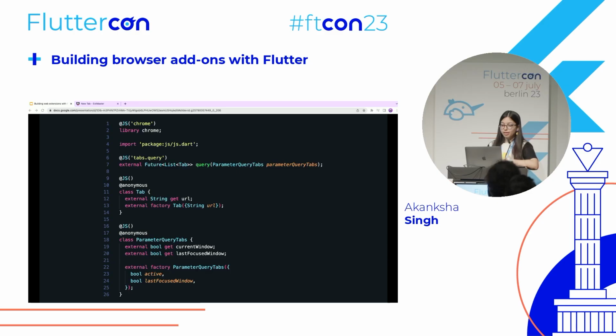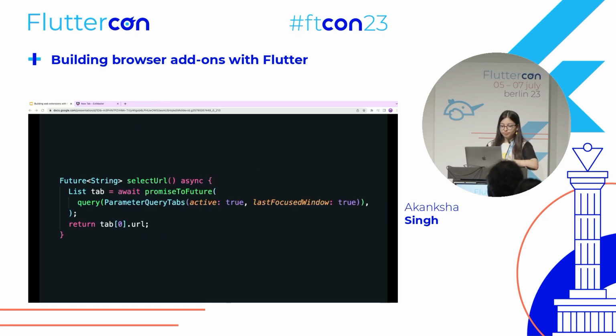Here you can see a simple structure for all the classes. For the Tab class, because we want the URL of the current tab, we have the URL, and the external keyword is just to denote that these parameters are coming from JavaScript. So this is how it's going to look.